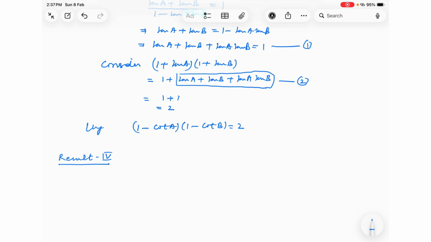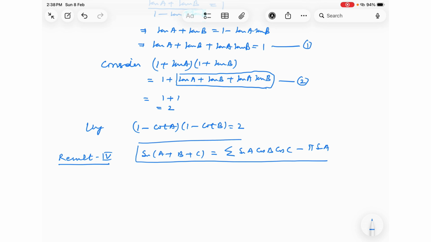Sine of A plus B plus C is always equal to sigma sine A cos B cos C minus pi sine A. What is the sine of A plus B plus C formula? It is sigma sine A cos B cos C minus pi sine A.